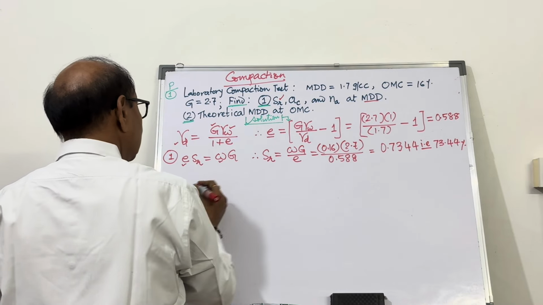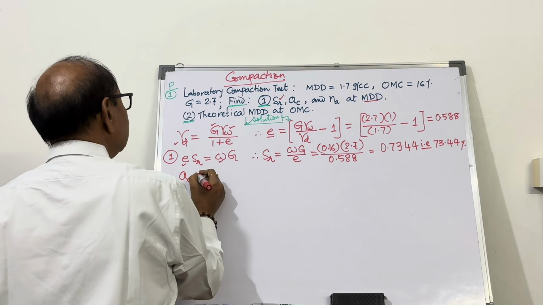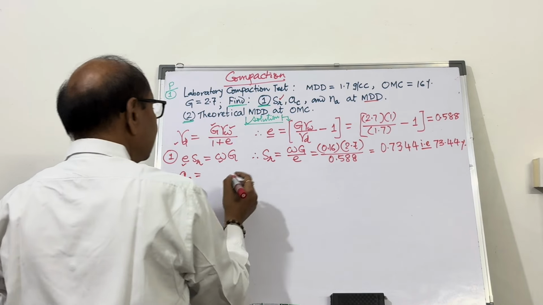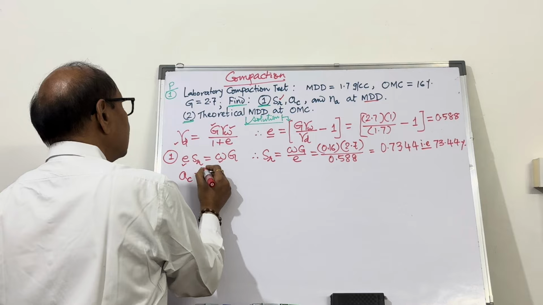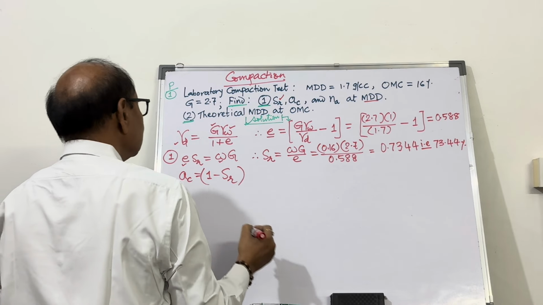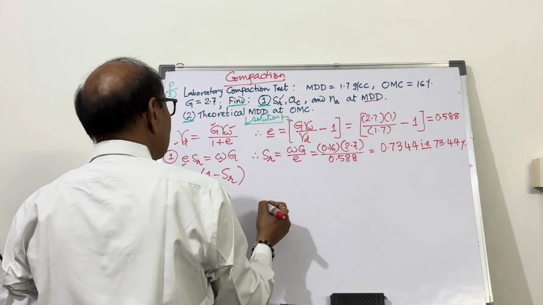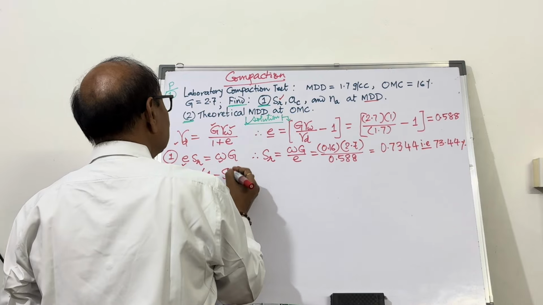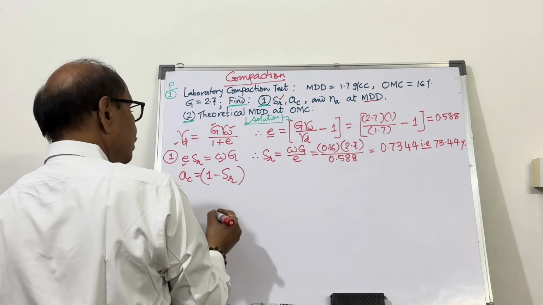Then, if you want to find out the air content, the relationship between air content and degree of saturation is 1 minus degree of saturation equal to air content. So, when degree of saturation becomes 100%, that is 1, the air content becomes 0.